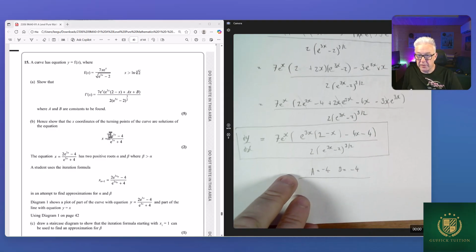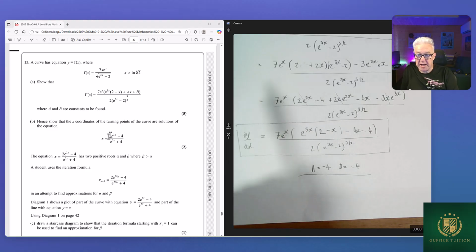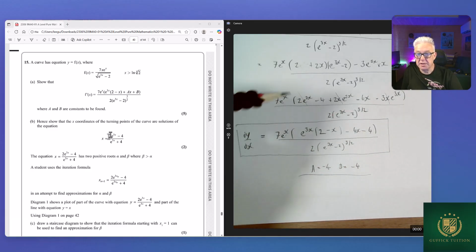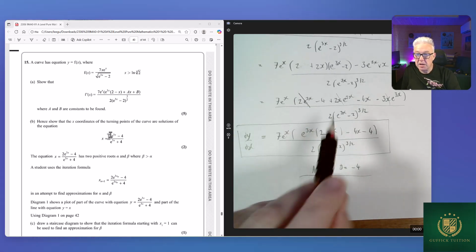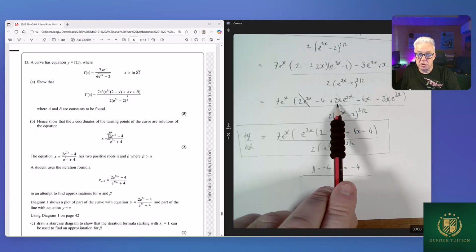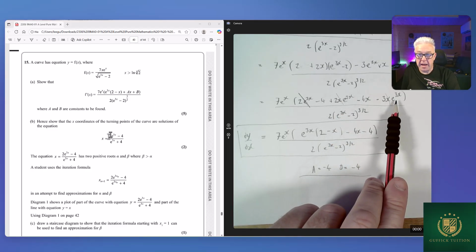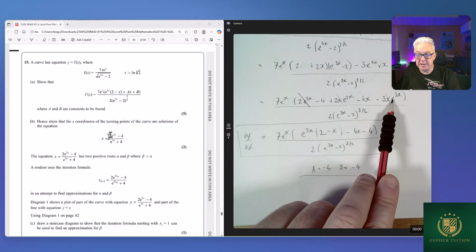So we're aiming for a version that has an e to the 3x taken out. So I'm going to factorize out e to the 3x out of everything that's got an e to the 3x. The e to the 3x can come out of that one, leaving me with just 2. Notice here that we've got 2x e to the 3x minus 3x e to the 3x.